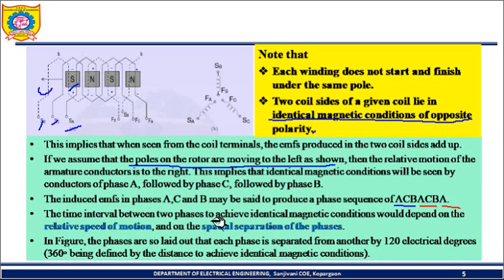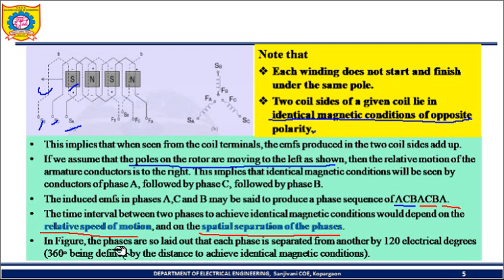The time interval between the two phases to achieve identical magnetic conditions would depend on the relative speed of motion and on the spatial separation of the phases.